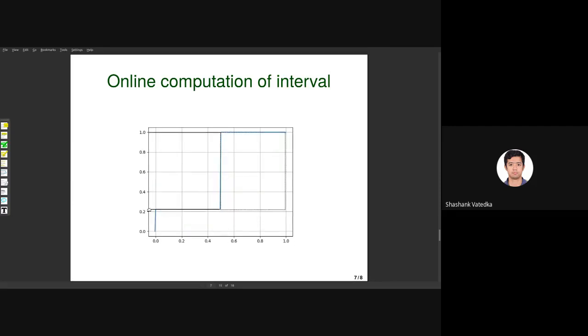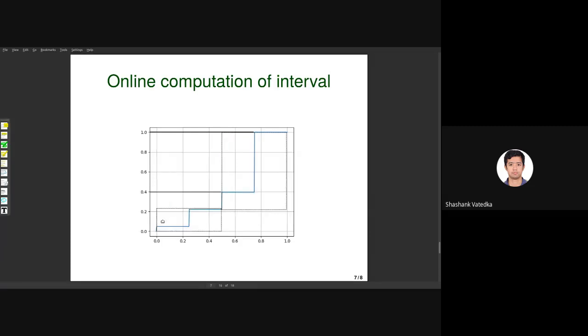So the interval is between 0.25 and 1. Right? So we know that it's between 0.25 and 1. So the remainder is not really important to us. If you look at 1, 1, right, then the interval corresponds to this particular region over here.